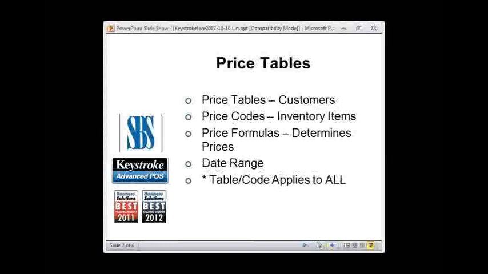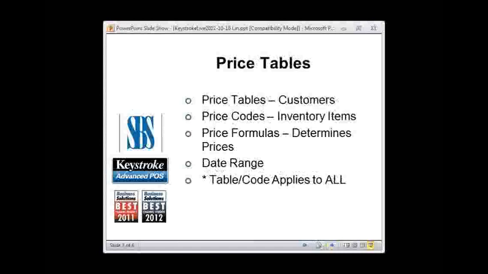And as a little reminder, in Keystroke, the asterisk that's used for the price table or the price code applies to all customers and all inventory items if the customers have a price table or a price code attached.